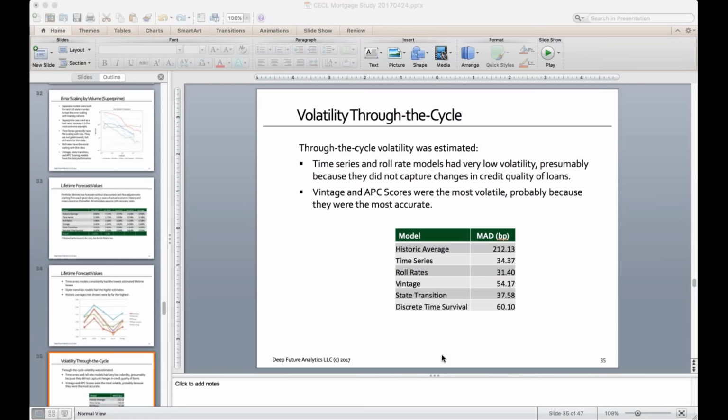So accuracy necessarily implies that you're going to be more volatile in your estimates. If you are the CFO trying to choose a modeling approach, you may not like an approach that's more volatile, even if it is more accurate. You can see that the time series and the roll rate models are not accurate, but less volatile because they're not including the credit cycle effects. So some people may prefer those for that reason.